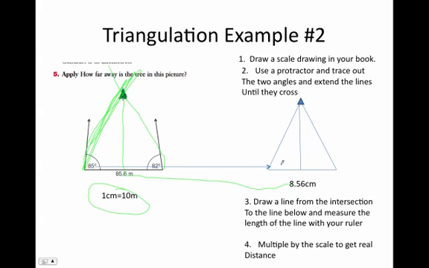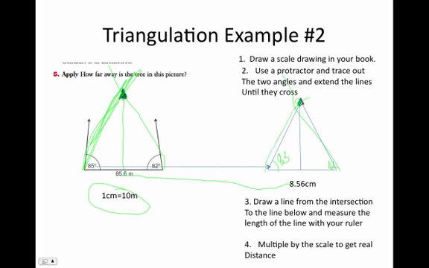Okay, and let's make sure when we draw this out, that's 85 with our protractor right there. And let's make this 82 with our protractor. So all we need to do now, once we've set our protractor, is extend the line wherever they cross, right there.